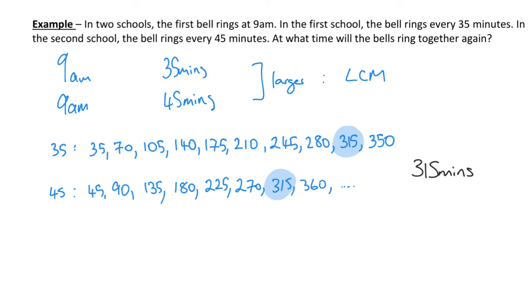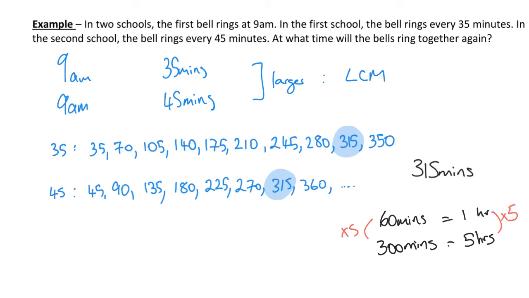So that poses another question: how long is that? So we know that there are 60 minutes in an hour. And what that would mean is that 300 minutes would be 5 hours. So if we multiply 60 by 5, we'll get to 300.